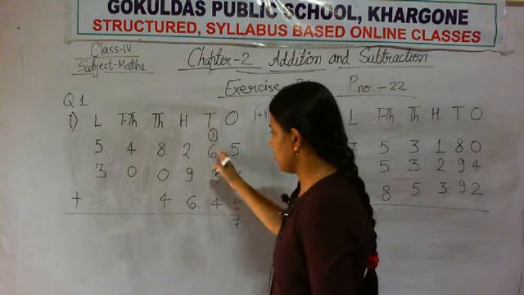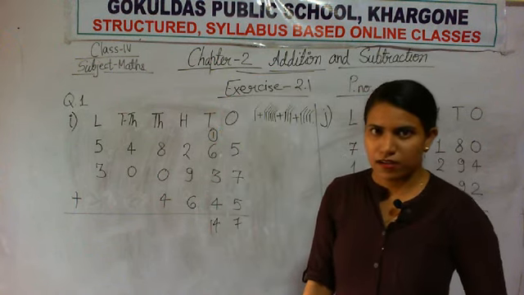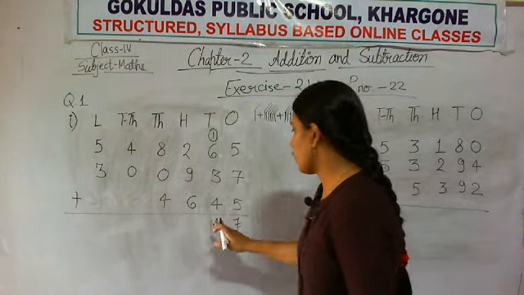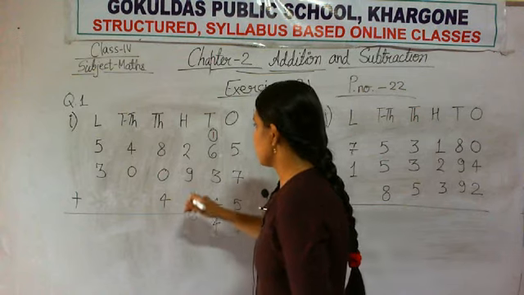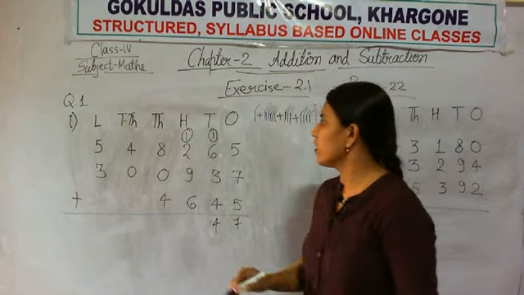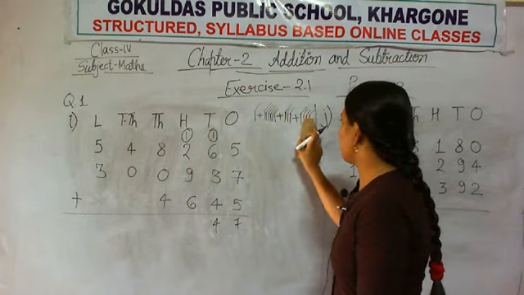Total 14. So you cannot write 14 like this here. You can write only 1 digit over here. So 1 is regrouped at hundreds place. Okay. Now start adding the digits at hundreds column.